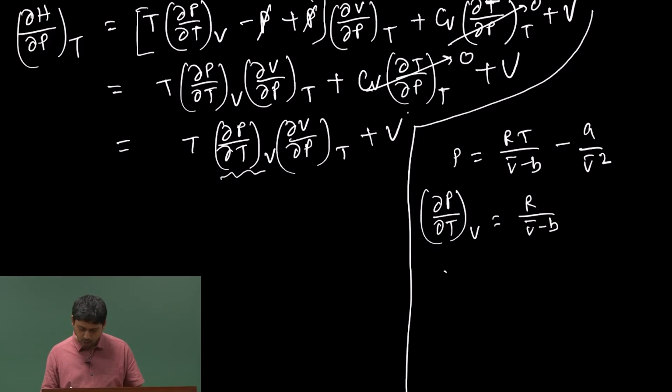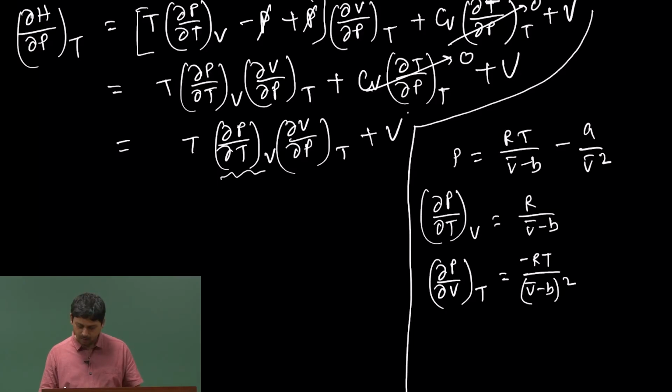So, we can say del P del V at a constant T is minus RT by V minus b square minus, no, plus 2a by V cube. Am I correct?